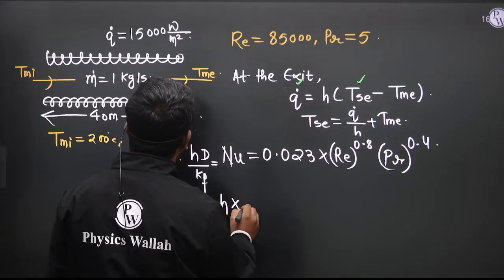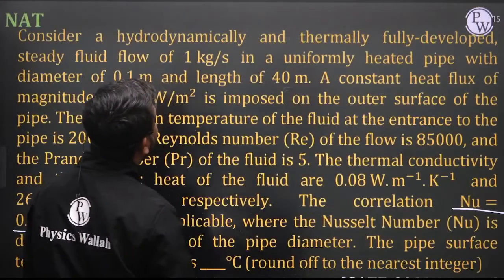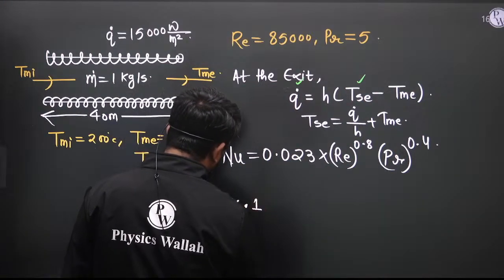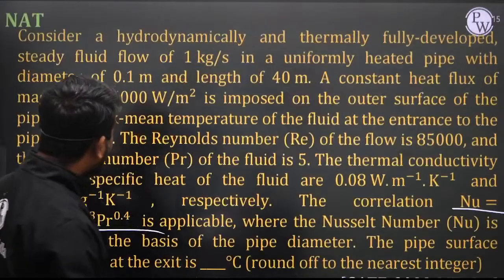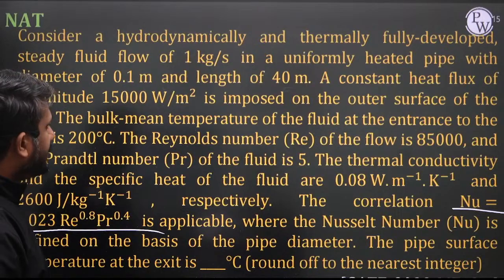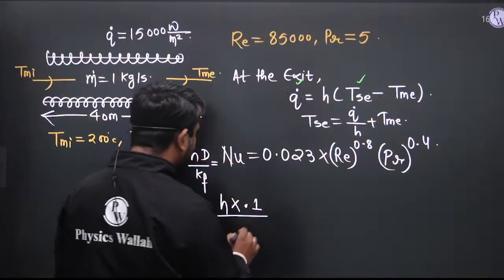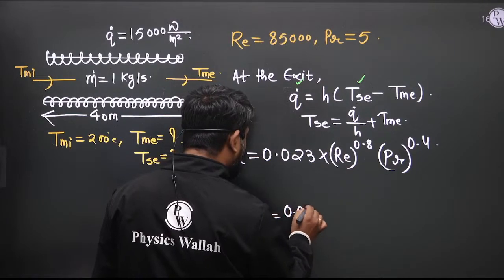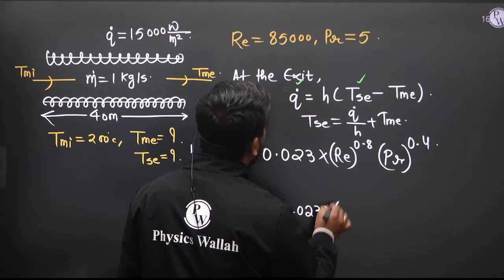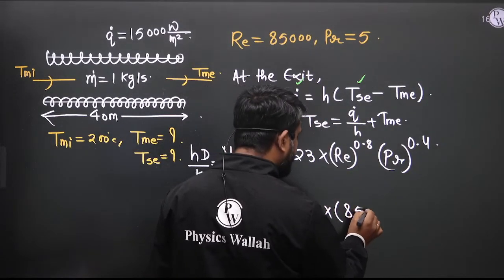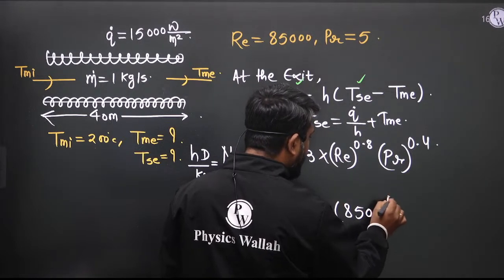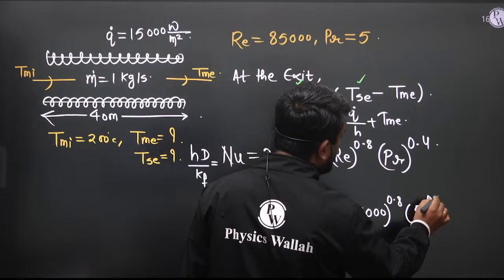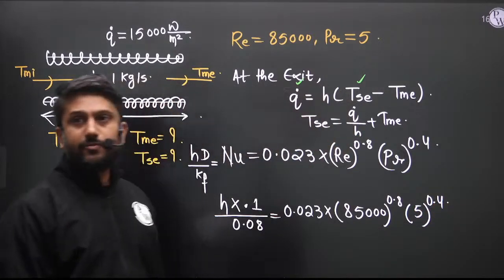H into diameter, which is 0.01 meter, divided by Kf, the thermal conductivity of the fluid, mentioned as 0.08 watt per meter Kelvin, is equal to 0.023 into Reynolds number value 85,000 to the power 0.8, and the Prandtl number, also given in the problem, to the power 0.4.